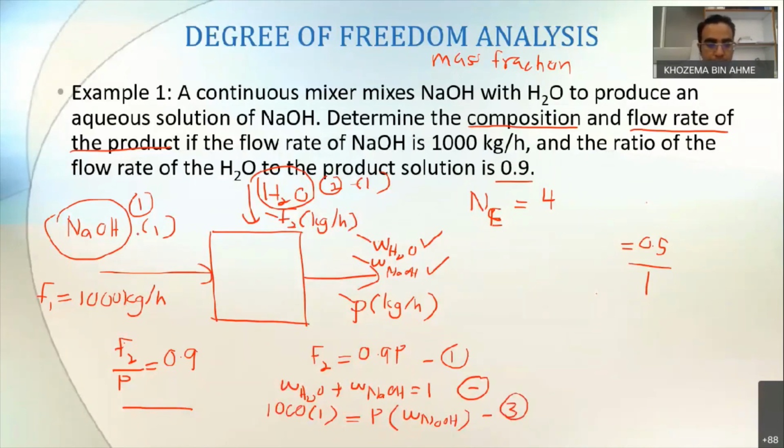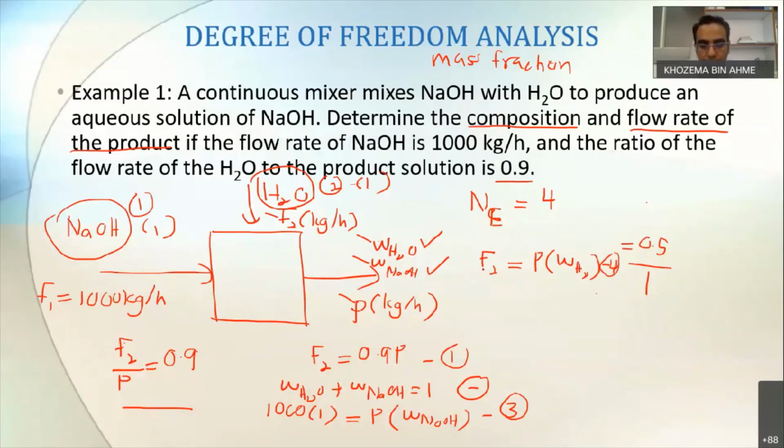I can do the same thing for H2O. I don't know the feed, so I know F2 is equal to P times mass fraction of H2O. So this is my equation number 4.